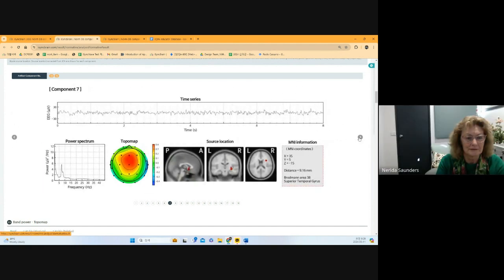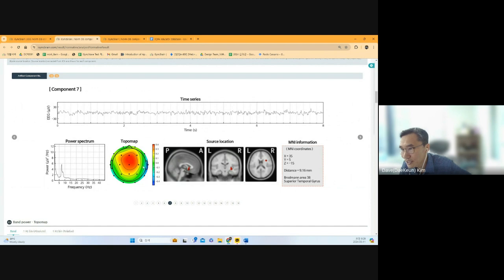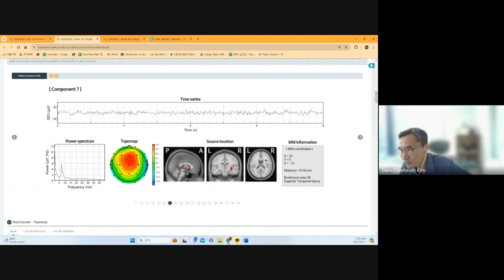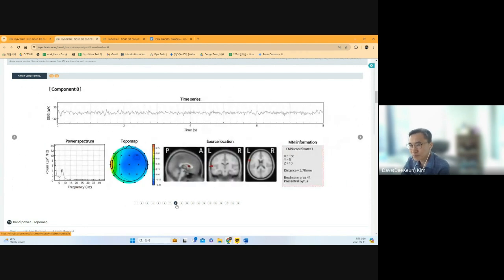We can also see one very close to the center, with very slow activity. This is the theta and alpha activity at the frontal. We can see the projection of this component in the frontal and central area. Frontal central slow wave: you can see it in component 7. And another one we can see is the temporal alpha activity, T3.